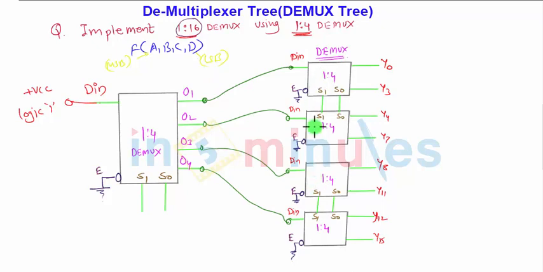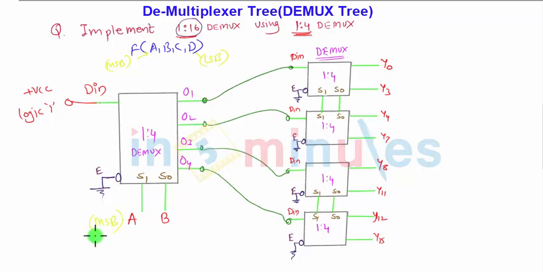I know that these 4 ICs are driven by the single IC here. So this IC is driving these 4 ICs, means this is bigger. So I will say this IC is having the major part to play. So these select lines will be the most significant bits. So I'll put here A and B, showing A as MSB.